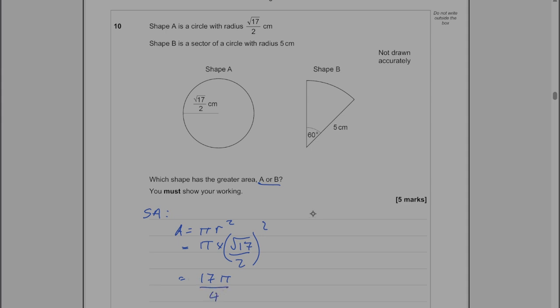For shape B, the area of the sector is equal to 60 over 360 times pi r squared, which is 1/6 times pi times 25, giving us 25 pi over 6.